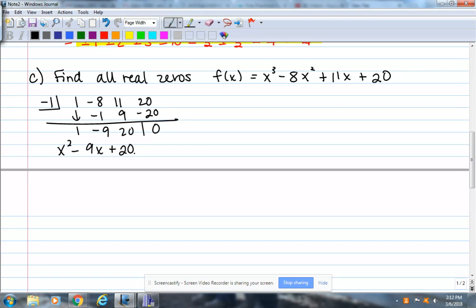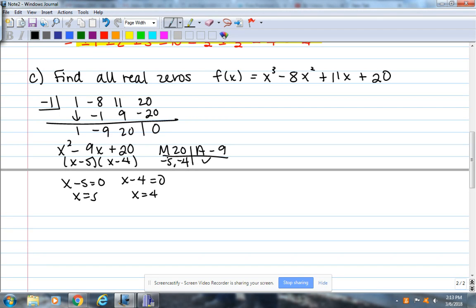And that's factorable, is it not? Multiplies to get 20, adds to get -9. -5 and -4. So that's x minus 5, x minus 4. Set those equal to 0. X equals 5. X equals 4.